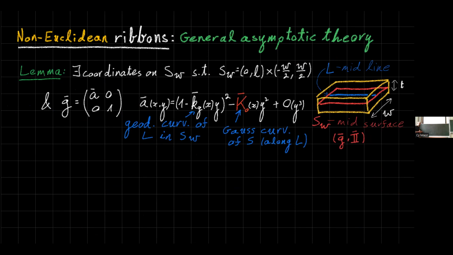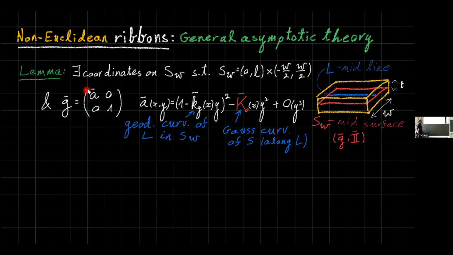So first of all, we need a good system of coordinates for ribbons, and fortunately there is. You can always find coordinates on your mid-surface that depend on W, such that the metric has this form. It's almost the identity.